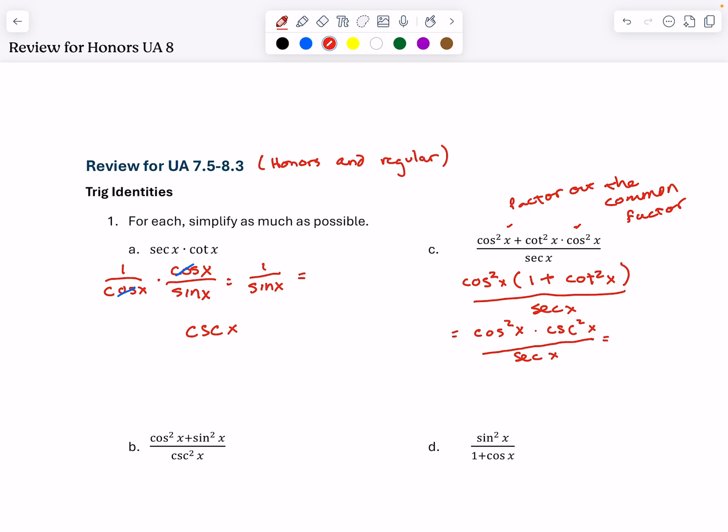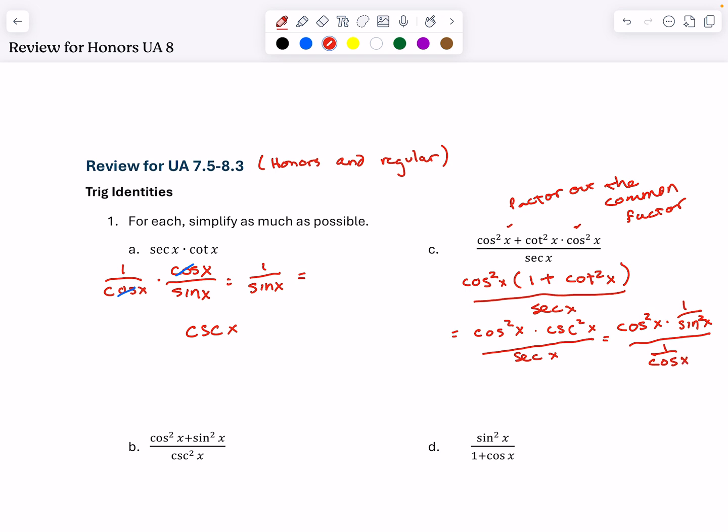Now I'm going to turn things into sines and cosines. Let's see what we can combine and or cancel. Looks like things are not canceling.